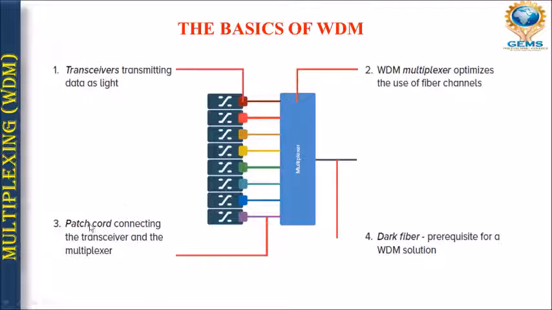This is the patch cord which connects the transceiver and other multiplexers. Here the WDM multiplexer is used to optimize the use of the fiber channel. This multiplexer is a special type of multiplexer, also known as WDM. Here we are also using dark fiber, which is a prerequisite of a WDM solution.